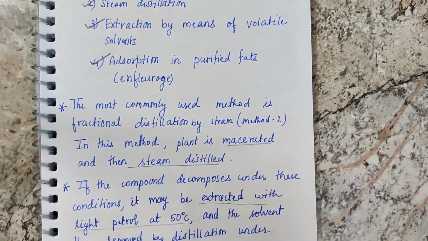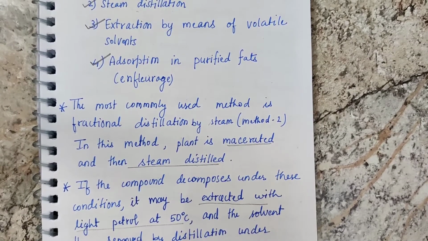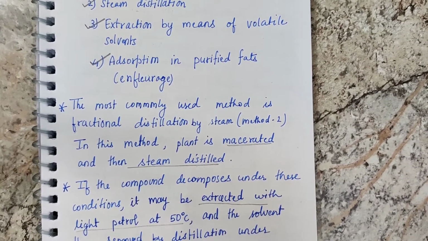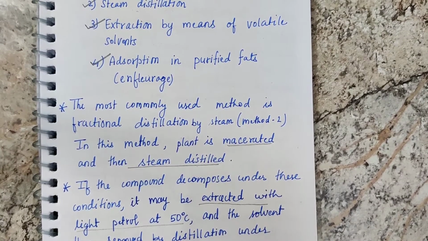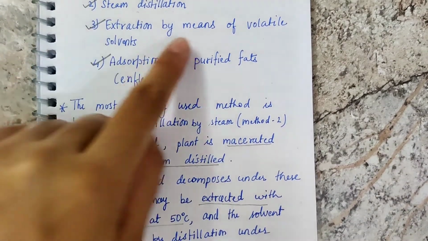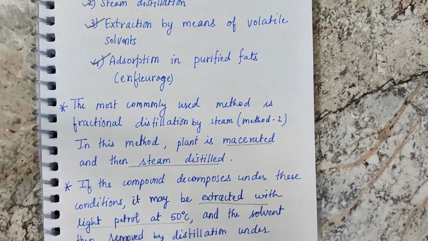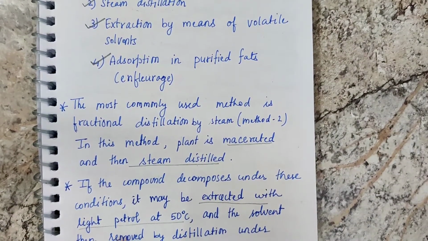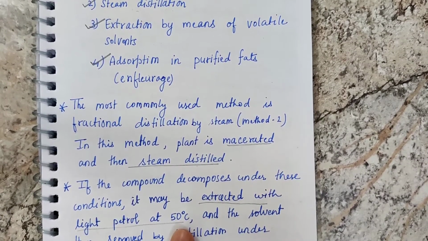So if you have some terpene or compound that decomposes under those conditions, it cannot be extracted using steam distillation. Then you will have to do some other process. For that they follow extraction by means of volatile solvents. So they use light petrol, and extract it at 50 degrees Celsius.